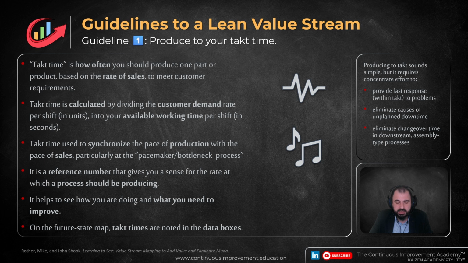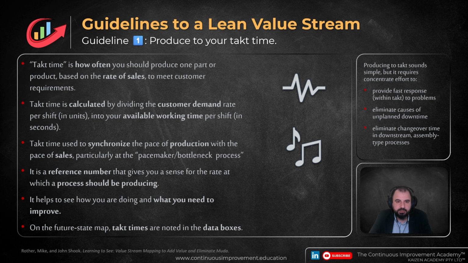So basically, the takt time is the balance that helps you know whether you are overproducing or not. For example, if your customer requires you to produce 100 pieces every hour, and you're producing 200, it means that you're overproducing.